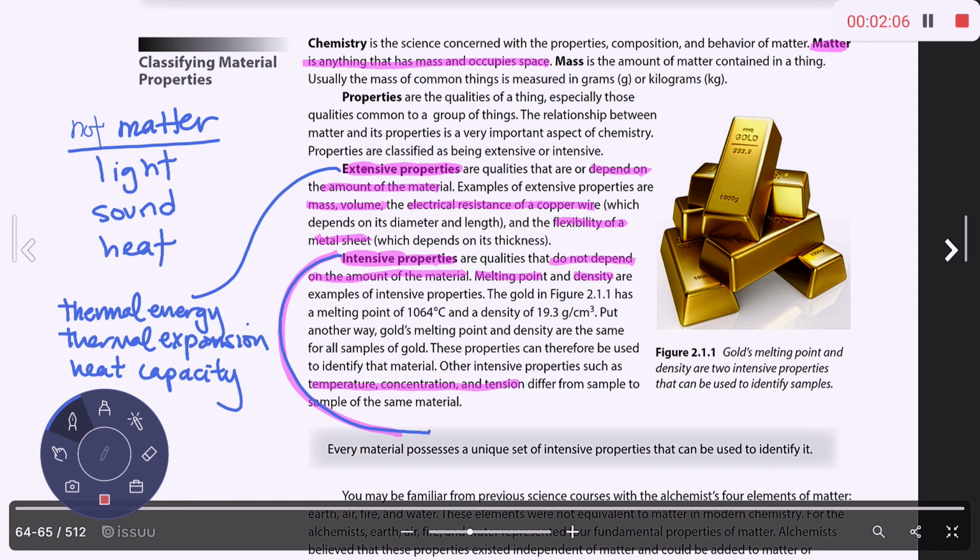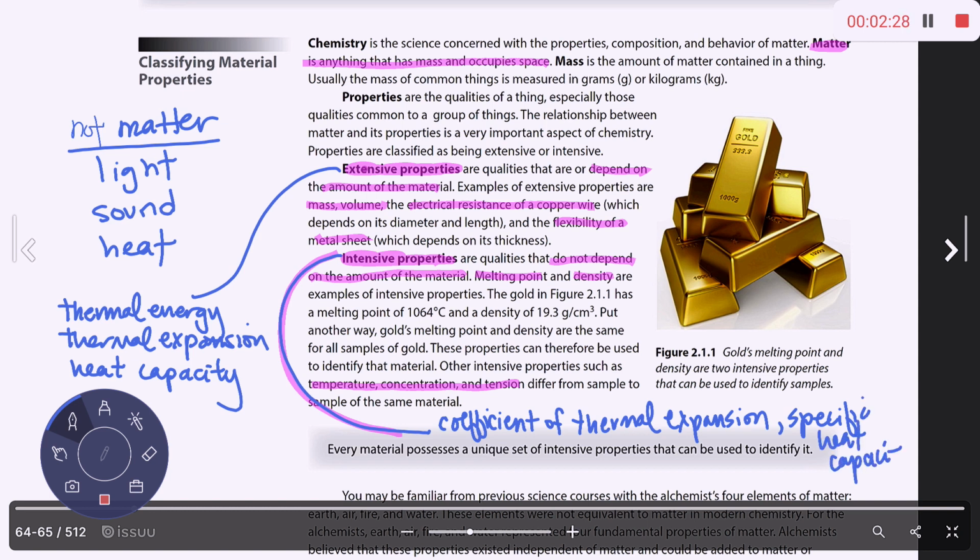We're going to put coefficient of thermal expansion, which you will probably never see anywhere, but I believe it's in this book, in one of the review questions, and then specific heat capacity. We're going to be talking about the difference between heat capacity and specific heat capacity later on, okay? All right, so every substance has a unique set of intensive properties that we could use to identify it.